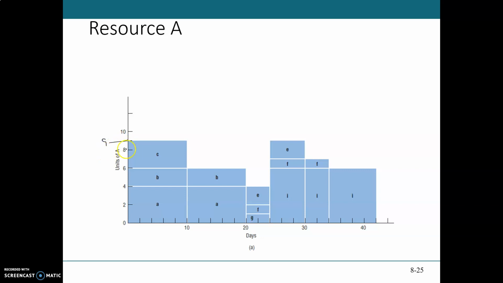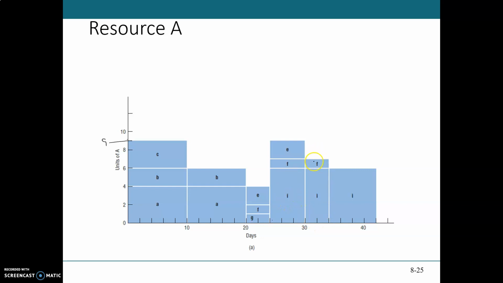This will be shared among activities A, B, and C. On A we need 4, for B we need the next 2, and for C we need another 3 resources A. And similarly, for the next 10 days we need 6 number of resource A's, in activity A and B. And then for the next 2 days we need 4 number of resources, and for the next 3 days we need again 9 number of resources, but in different other activities.